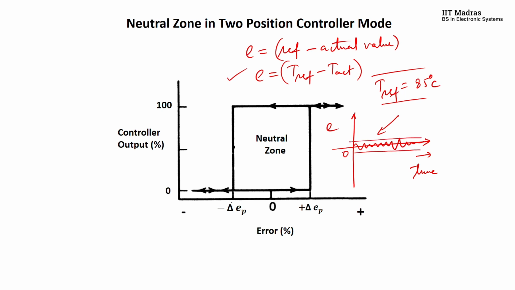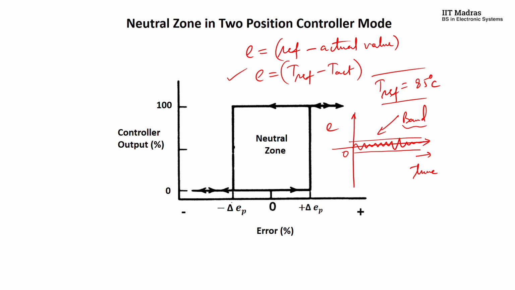That means if I keep a certain band here in which the heater would not really turn on or off, I could protect the heater from damage. So I would suggest a band here, and that band would help the heater turn on and off with a certain sensitivity.